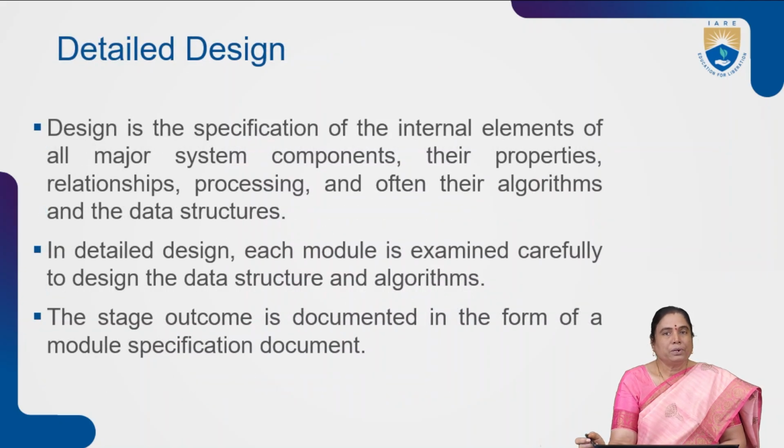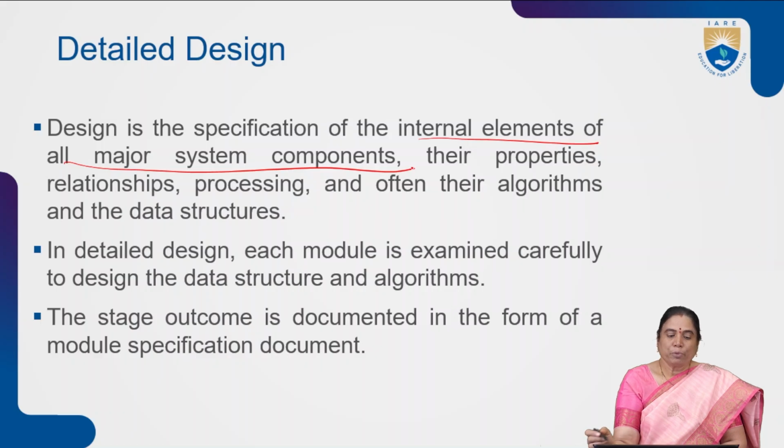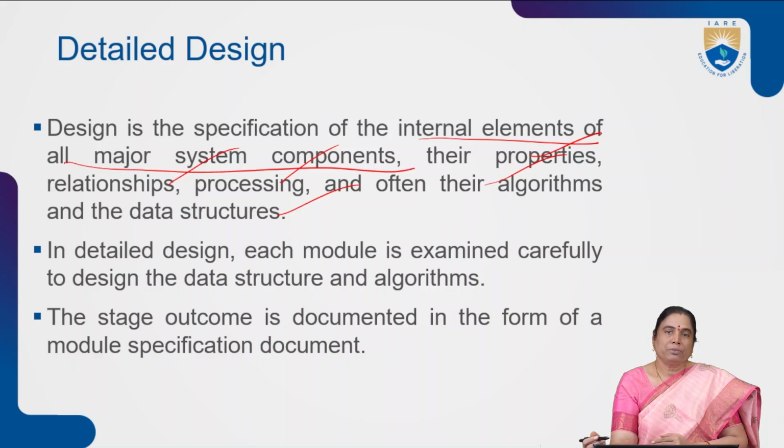The next level of design is detailed design. Detailed design is the specification of internal elements of all major system components, their properties, relationships, processing, algorithms and data structures. The top-level design is produced by the interface design, and the high-level design is produced by the architectural design.